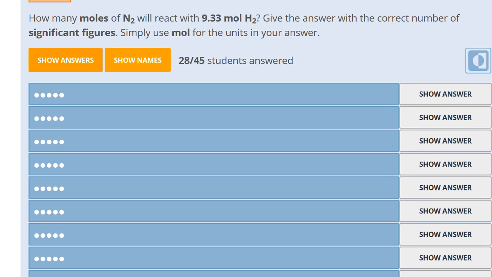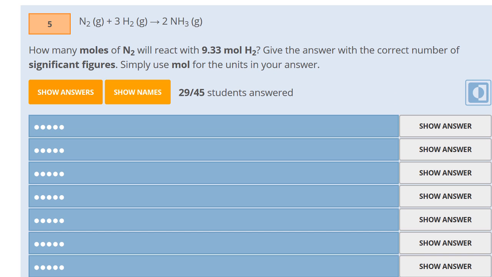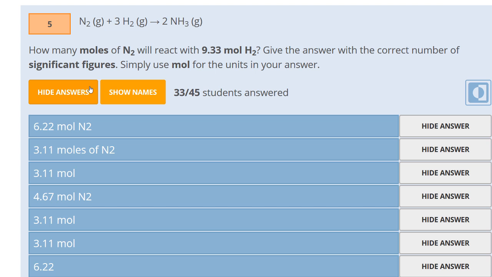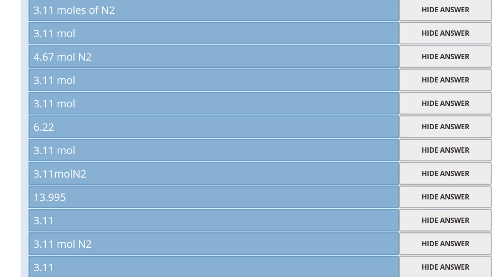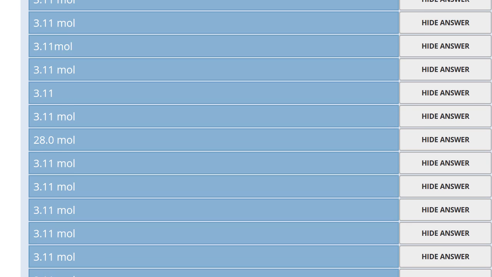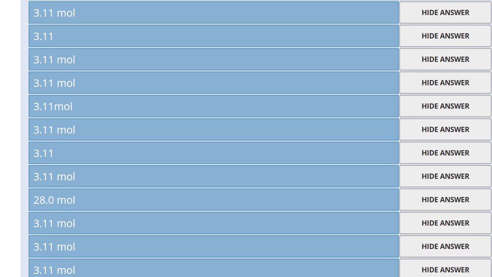Okay, we'll take about 15 more seconds. And we'll count down. 5, 4, 3, 2, 1. Correct answer here is 3.11 moles. 3.11 moles. Okay?